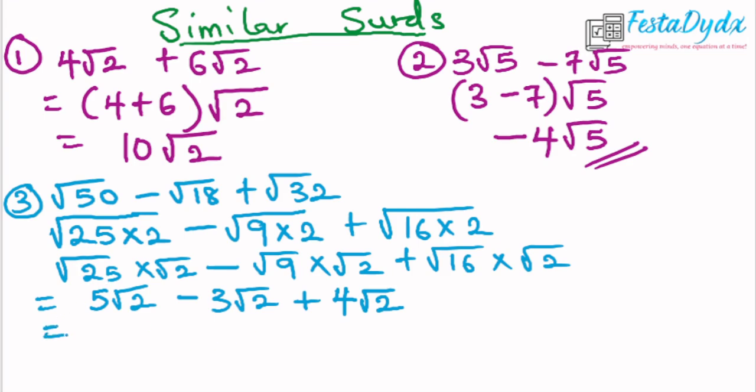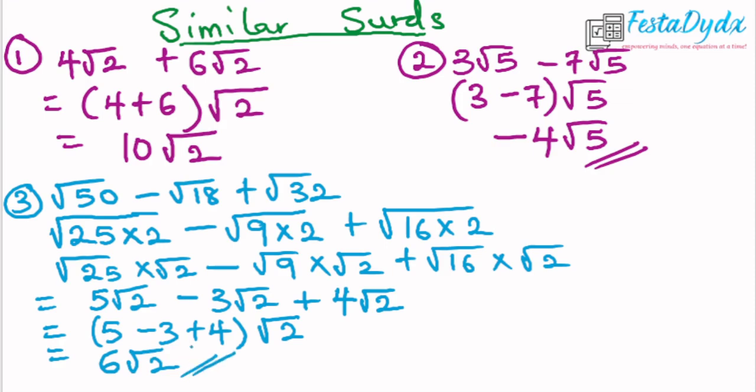So which is 5 minus 3 plus 4. We'll put it in a bracket, then root 2. So this is equal to 5 minus 3 is 2, and 2 plus 4 is 6. 6 root 2. This is for example 3.